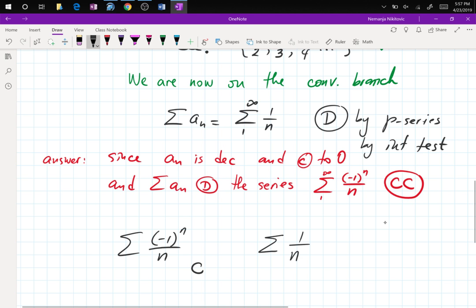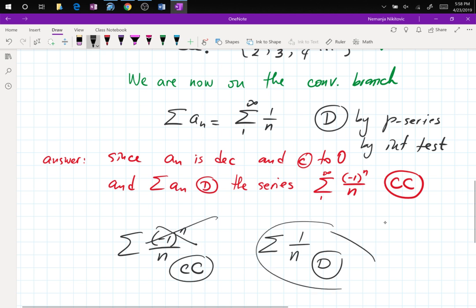If you remove the alternating term, it's divergent. So you see how the name conditional convergence fits? Under the condition that the alternating term is present, it converges. Without that condition, it diverges. So this is a conditional convergence. It's convergence, but it's conditional, which means that if you remove this part, you get this and it diverges. That's the reason why it's called conditional convergence. It's interesting.